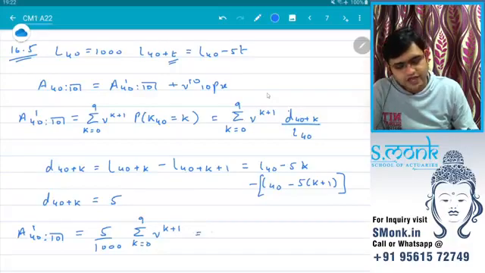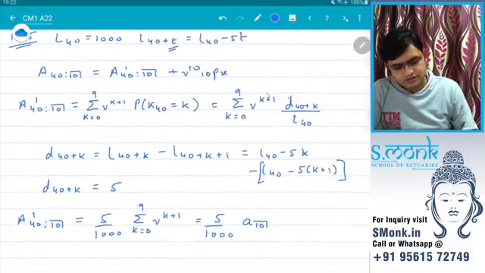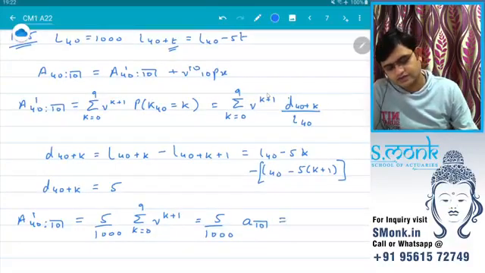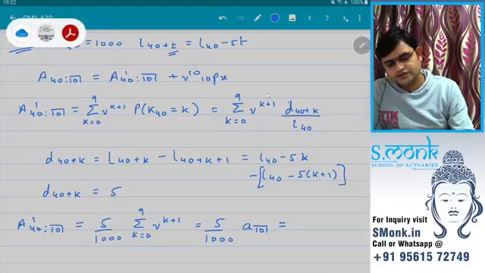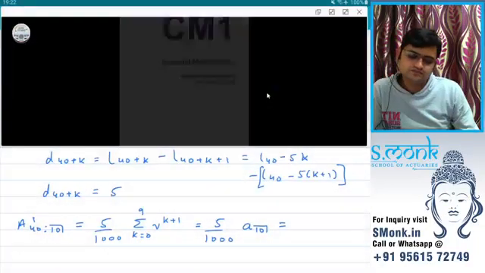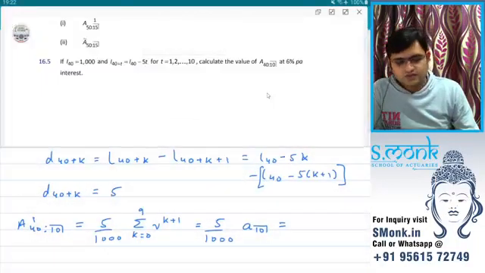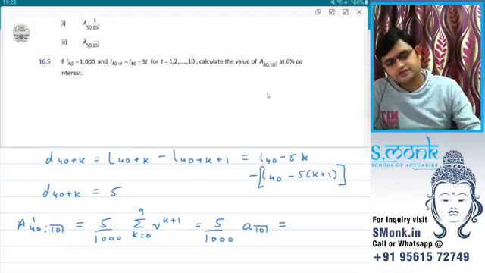So I can write it as annuity 5 by 1000, and I'm left with an annuity in arrears for 10 years. This is what we are getting. Okay. Now what was the rate of interest? Rate of interest was 6% per annum.